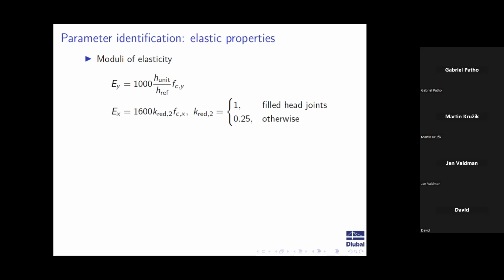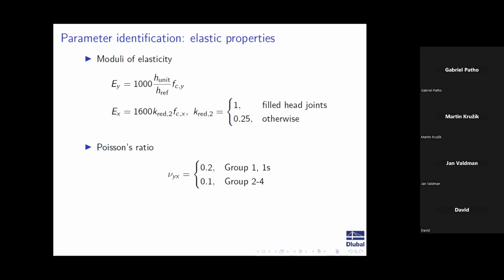In the weak axis, again, we have some reduction factors depending on whether we have filled head joints or unfilled head joints. This works again with the compressive strength in the weak axis very similarly.